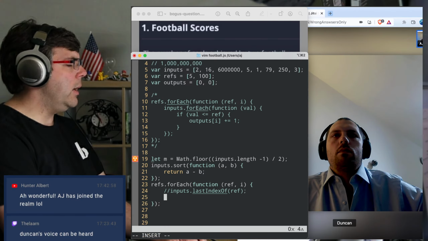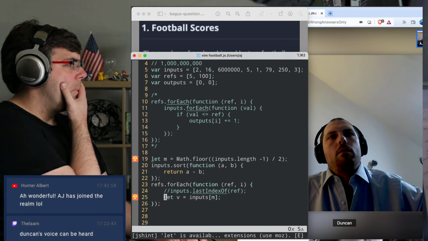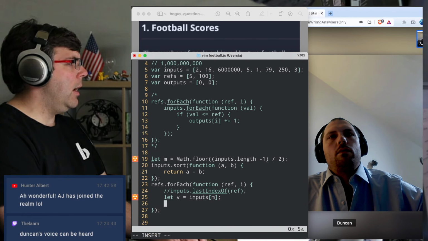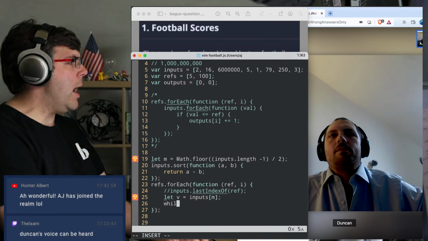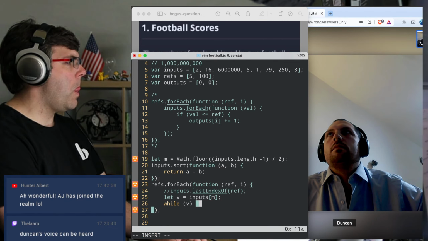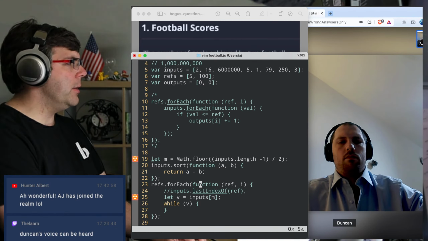So then what I need to do is see, let's do V equals inputs M. And then I'm going to check to see while V. So this is going to give me whatever the middle value is.